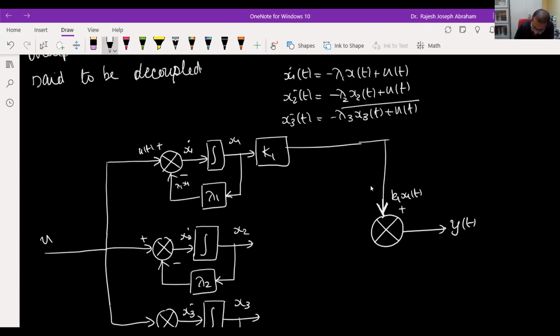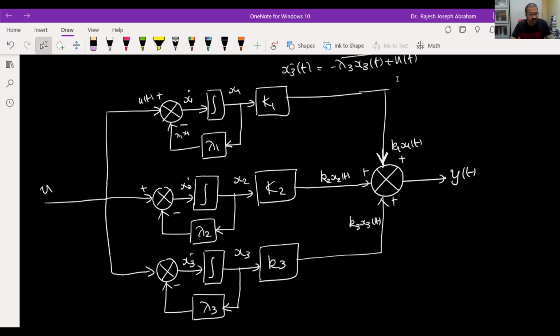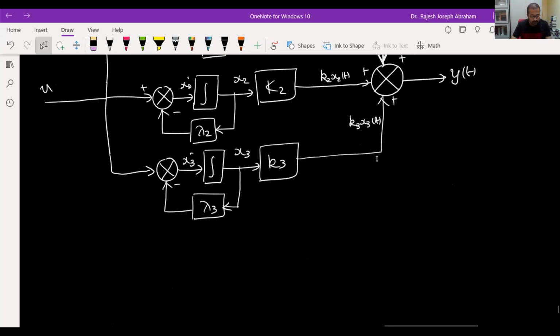Then here there should be the residue k2. The signal at this point is k2 x2 of t, and here it should be k3, giving k3 x3. Okay, so in this way you can realize the state diagram for the diagonal canonical form.